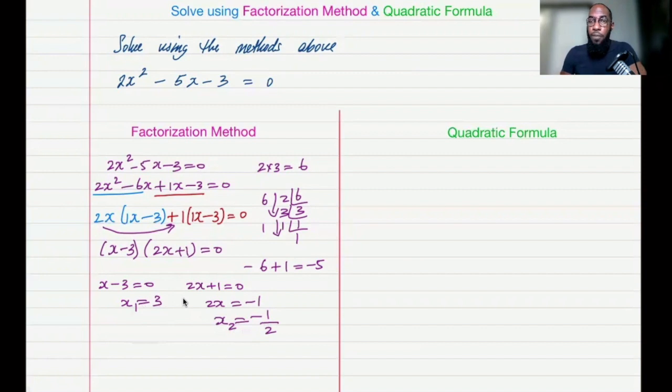It doesn't matter. Now I'm going to use the quadratic formula. And when I use the quadratic formula, I'm supposed to get the same answer. I'm supposed to get one x will be 3, and the other x will be -0.5. So let's deal with that now.